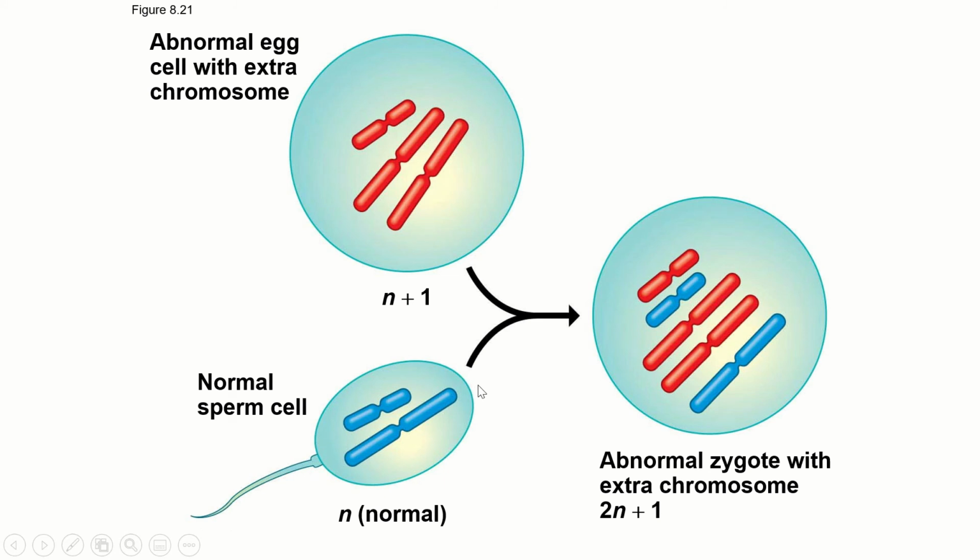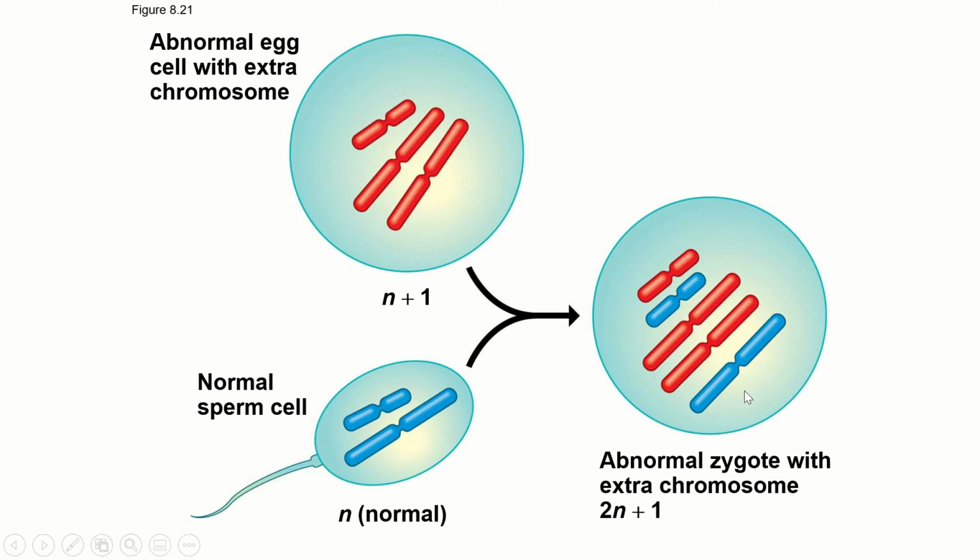So let's say that the egg has the extra chromosome and the sperm is normal. Now we have a zygote, that's our fertilized egg, that has 5 chromosomes instead of 4. Now, mitosis doesn't care how many chromosomes there are. All the chromosomes are just going to line up on the metaphase plate.